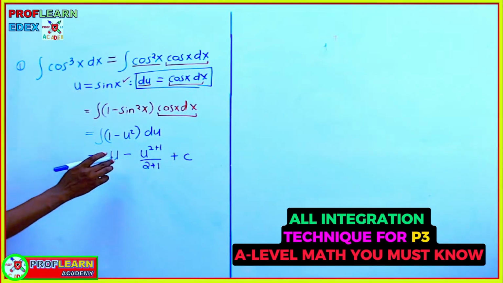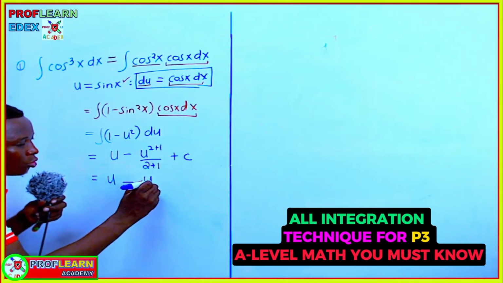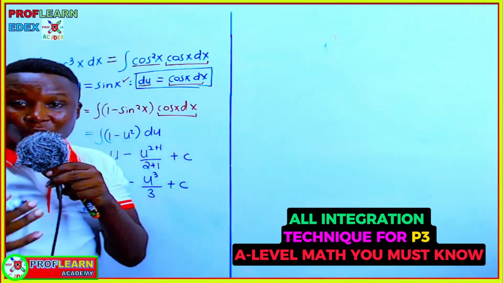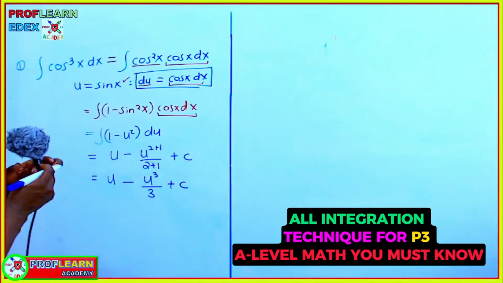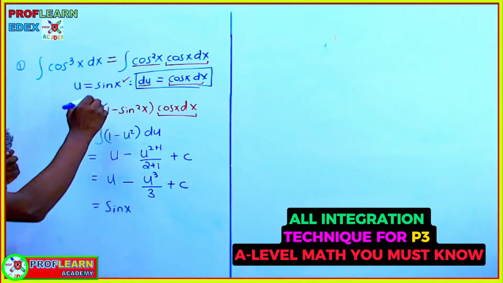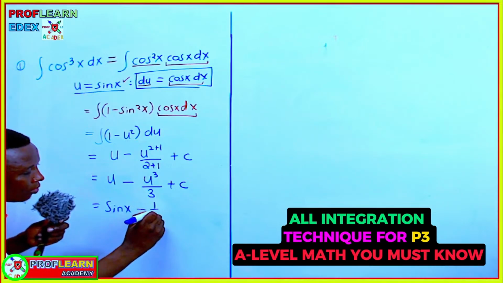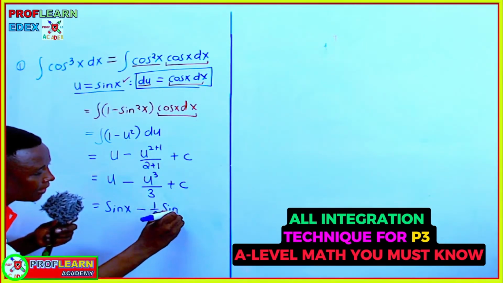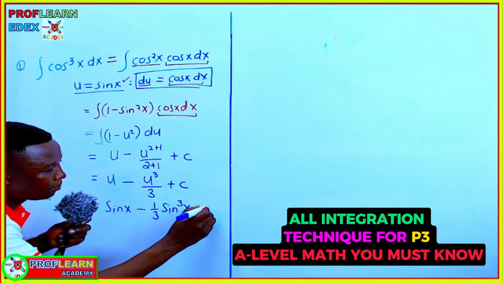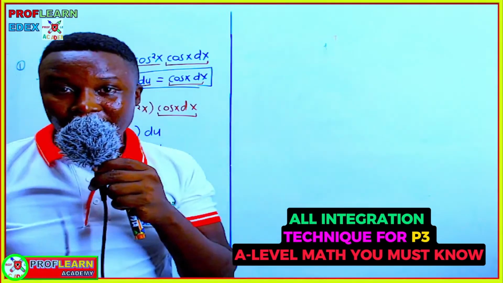Now, once you have your integral simplifying to u minus u cubed over 3 plus c, we are going to replace the u that we had said. So this is going to be sine x, because our u was sine x, minus 1 over 3 sine cubed x, then plus c. Now this becomes the answer in that kind of situation.